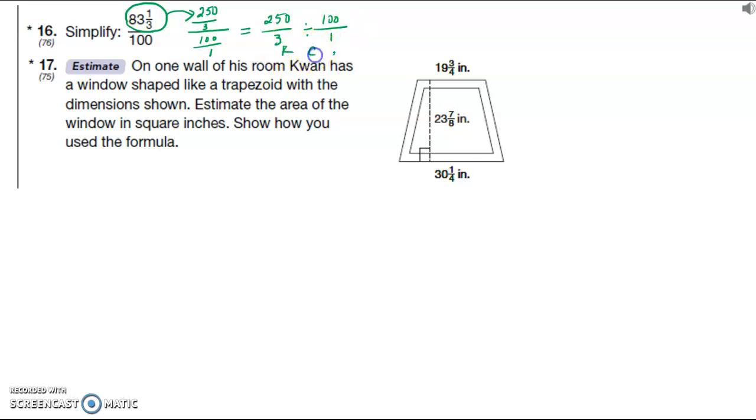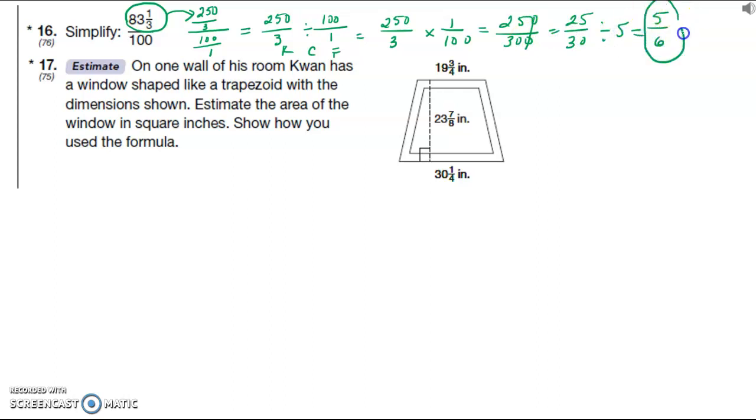We're going to keep change flip. 50 over 3 times 1 over 100. I get 250 over 300, or 25 over 30. I'm going to divide by 5. I get 5 over 6.